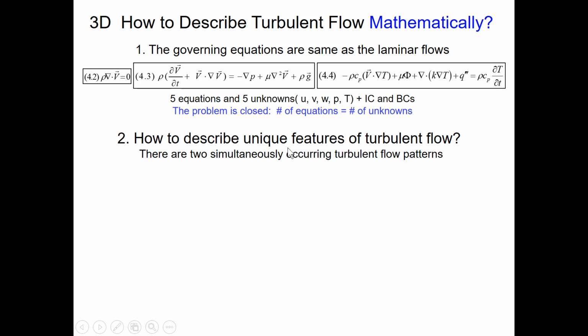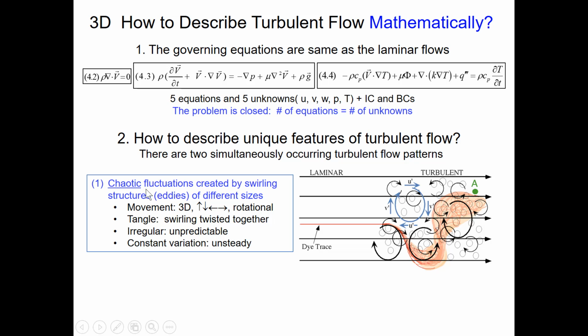Before we answer that question, let's check two simultaneously occurring turbulent flow patterns. The first turbulent flow pattern is chaotic fluctuation created by swirling structures of different sizes.